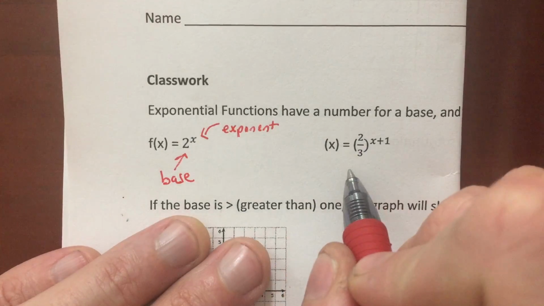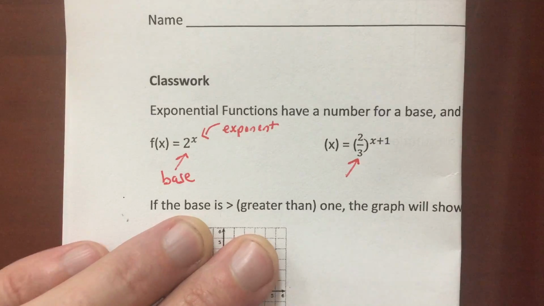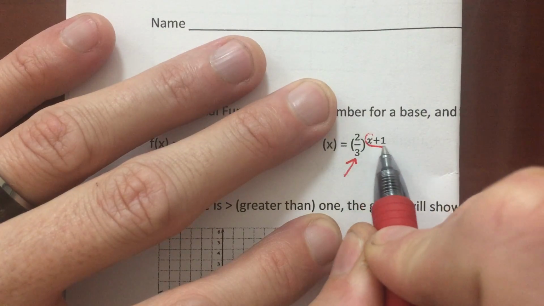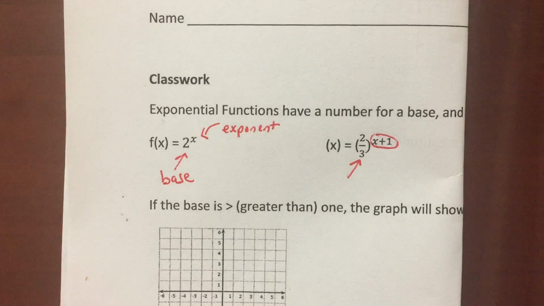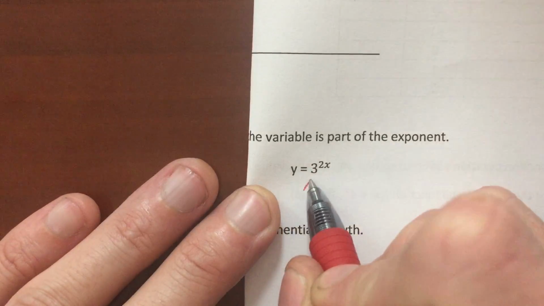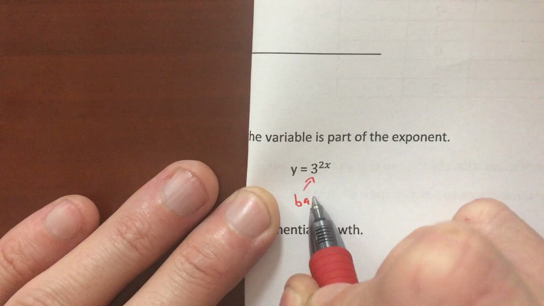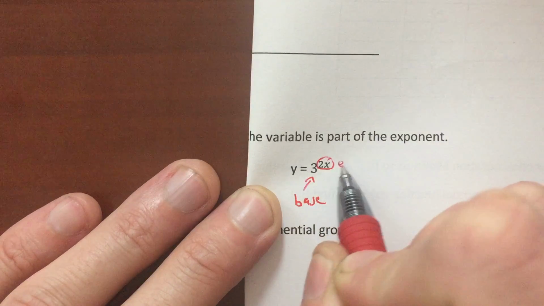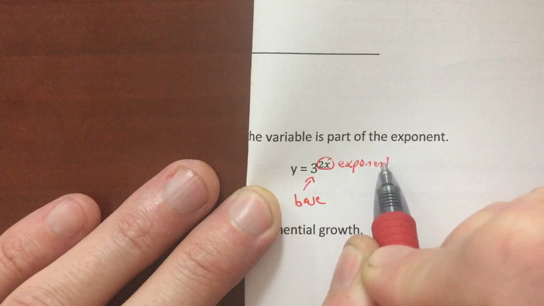In the second one, the base is 2/3, and the exponent is x plus 1. In the third example at the top, the base is 3, and the exponent is 2x.